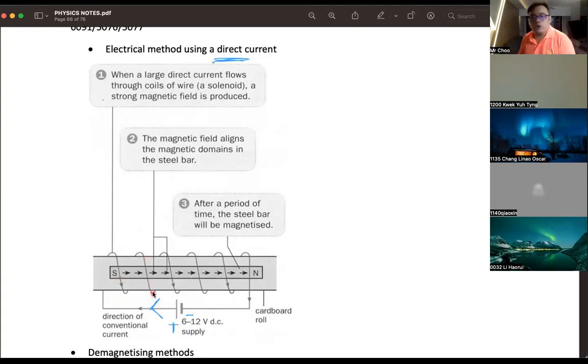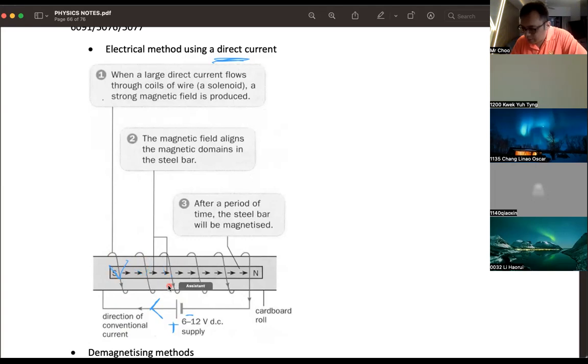So to determine which side is the north pole, you use the right hand grip rule. I repeat myself again. Use the right hand. Do you all know which is your right hand? So imagine this is your cylinder. After you determine the direction of the wire, in this case this is the direction that I have determined.